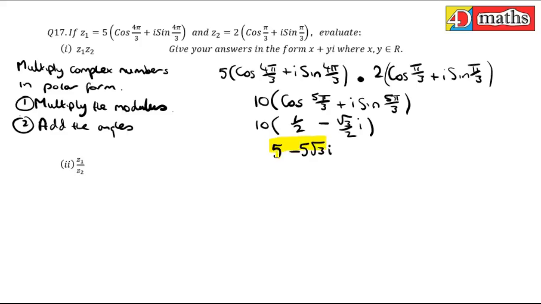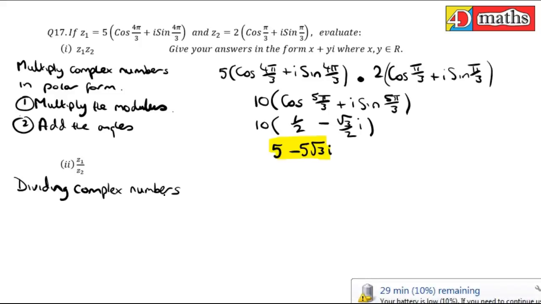The second one is division of complex numbers. There's two things you have to remember for dividing, I should say, complex numbers in polar form.